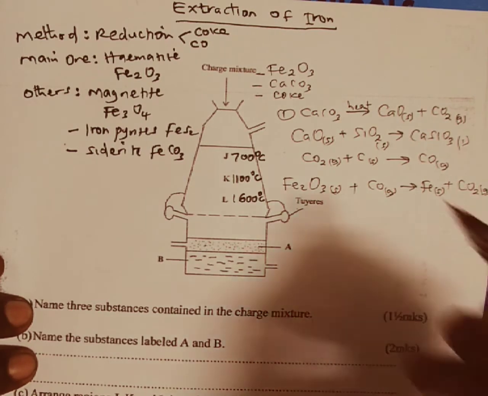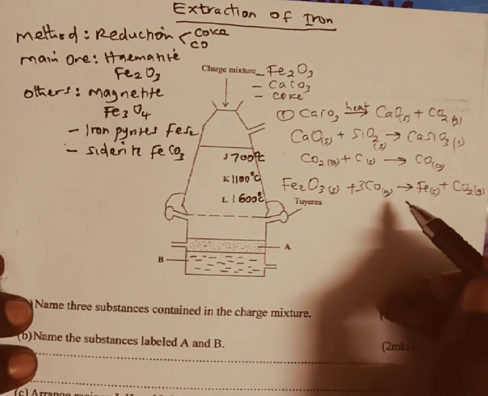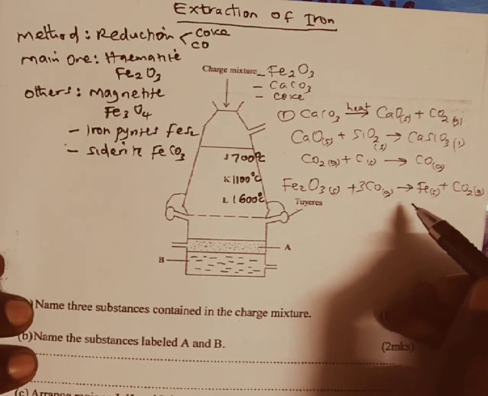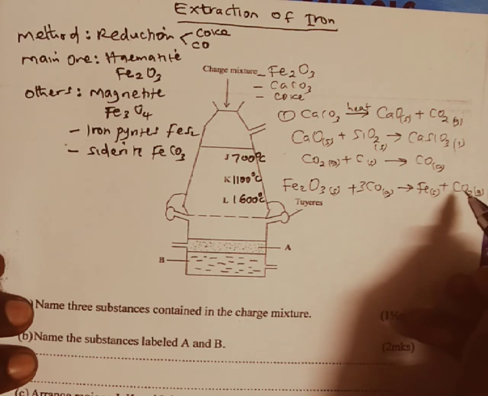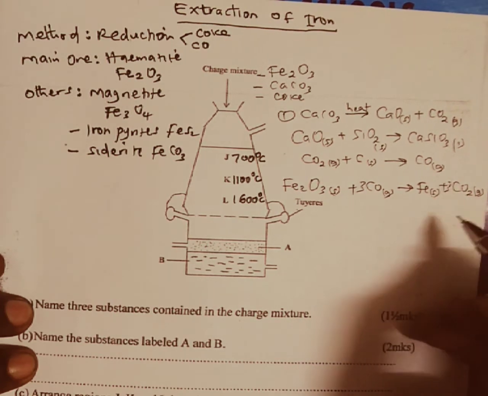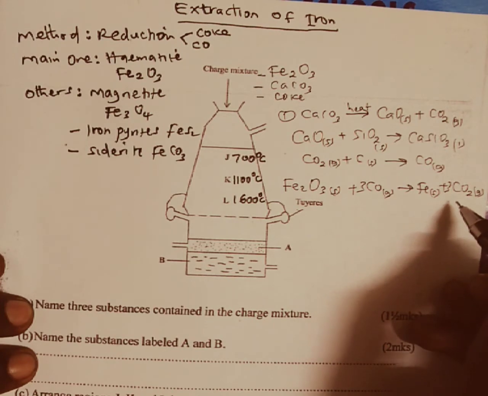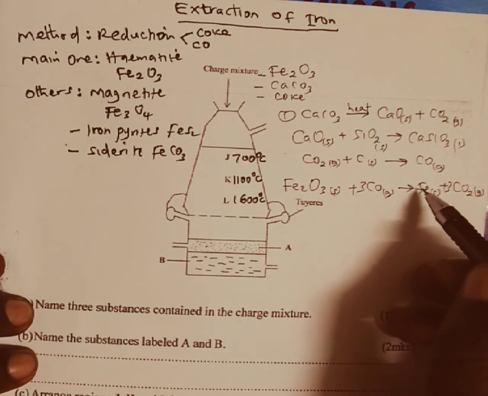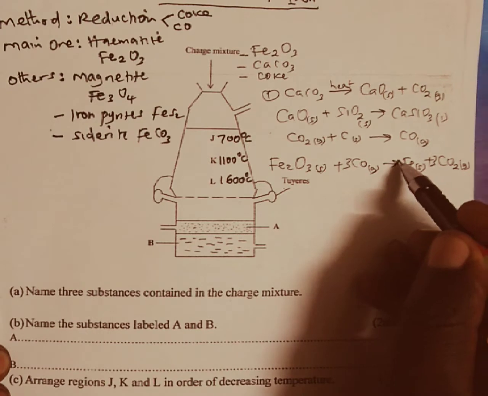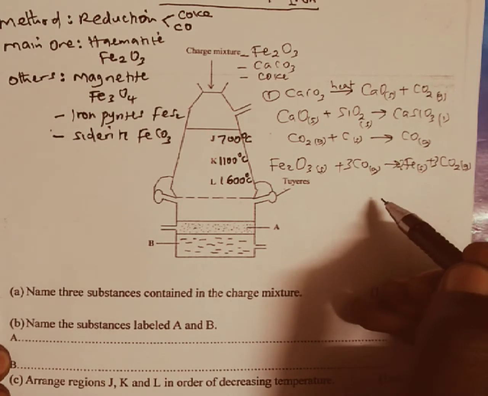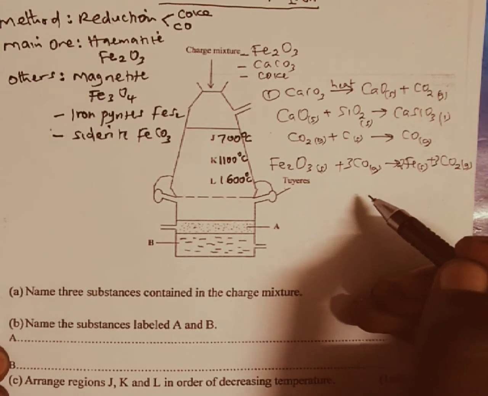For us to balance the equation, we write 3 behind carbon 2 oxide, 3 behind carbon 4 oxide, and a 2 behind iron for the equation to be balanced.